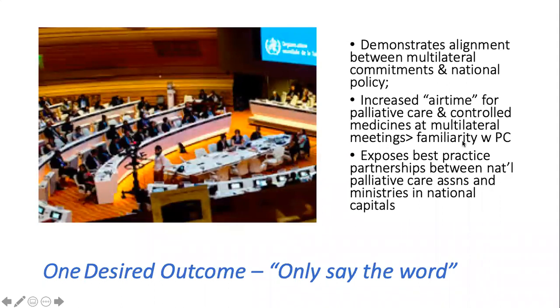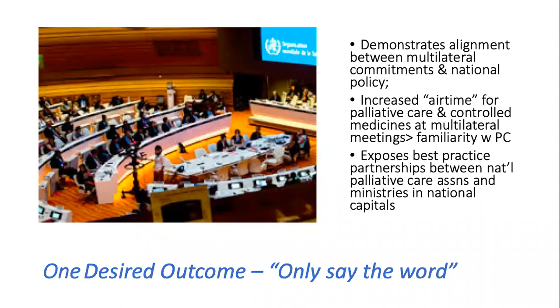And it improves member states' familiarity with palliative care, because most of them don't understand what it is, and I'll talk about that in the challenges, and they don't really understand how it fits into their health policy. Also, when member states say the word at these meetings, it exposes the best practice partnerships between national palliative care associations and ministries in national capitals.